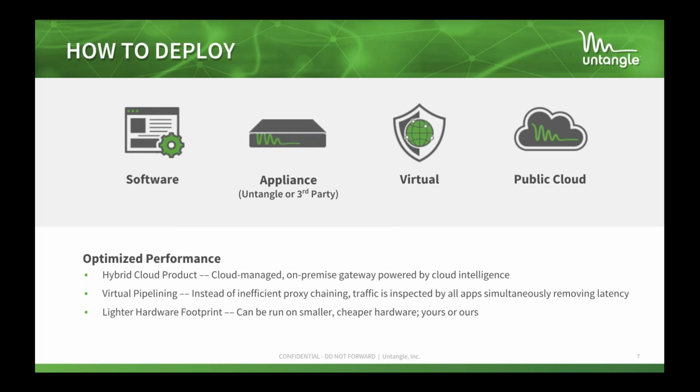Virtual pipelining is the way that our apps actually inspect traffic that's passing through us. Instead of using proxy chaining, we use virtual pipelining to allow our applications to inspect the traffic simultaneously to remove latency, so that it's a much faster process. All this leads to a lighter hardware footprint. That means that you can run this on smaller, cheaper hardware, again, depending on whether you decide to use ours or your own.